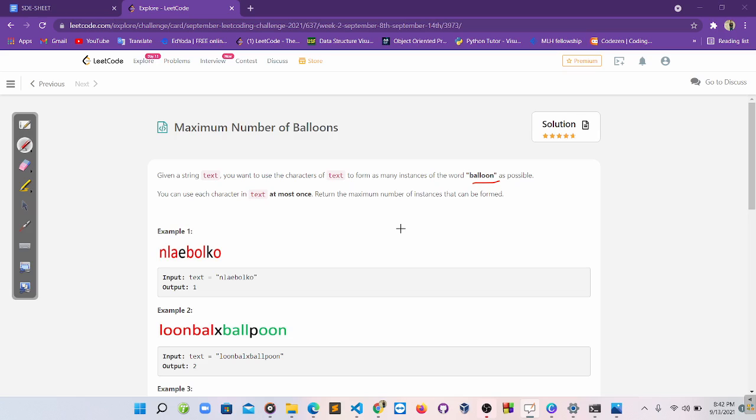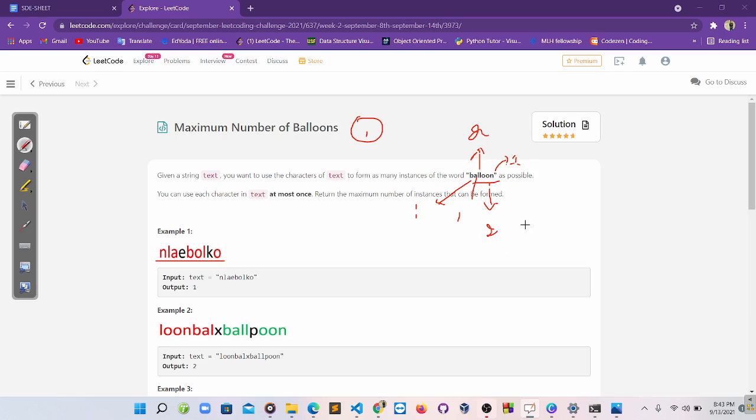Simple as that, we create a hash map for all the text we have. After creating that, as we know very well, in order to create one instance of balloon, we need only one B character, one A character, two L characters, two O characters, and one N character, right?